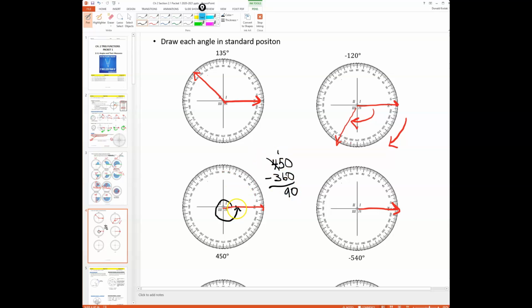So I'm going to have to go to that location right there, and that would be my terminal side. Okay, and here's our angle. Now this is a quadrantal angle because it ends on the positive y-axis. It doesn't end in one of the quadrants.